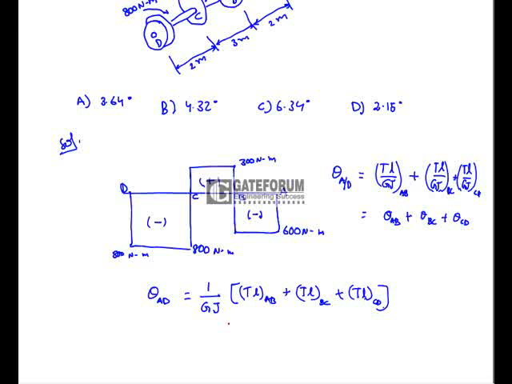Here G is given as 28 gigapascal, so 28 into 10 power 9 Newton per meter square, and J is pi by 32 d to the power 4, where d is 0.05 to the power of 4. TL of AB: the torque applied on the portion AB is 600 Newton meter, and the length of the portion AB is 2 meters.